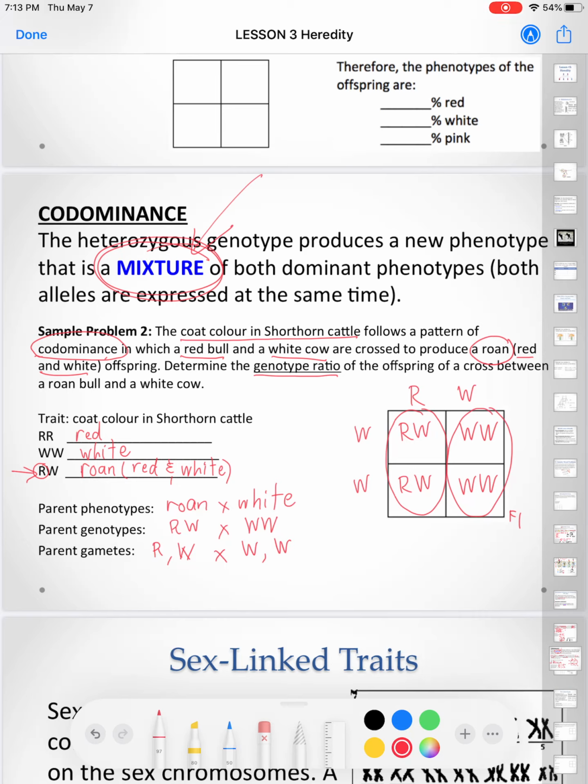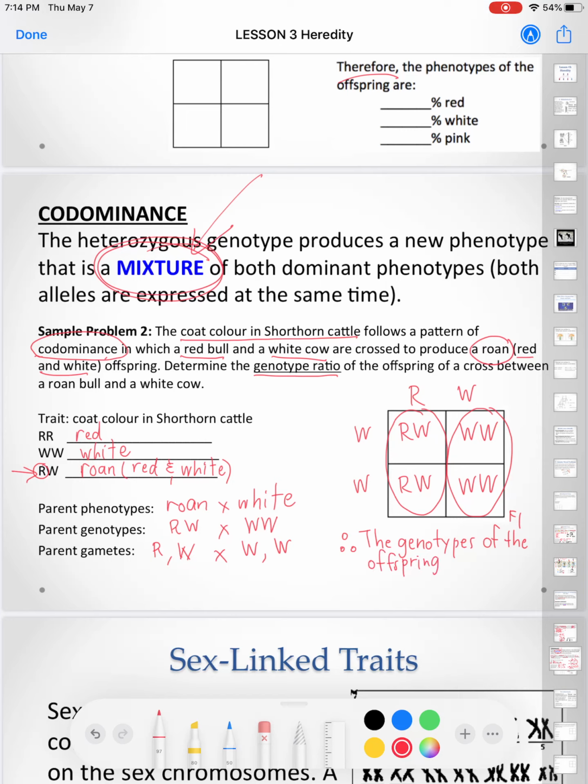So the question now is not talking about phenotypes, it's talking about genotypes. So you would have your therefore statement. Okay, you can write the word therefore, or you can put the therefore symbol. Okay, therefore the genotypes of the offspring are.